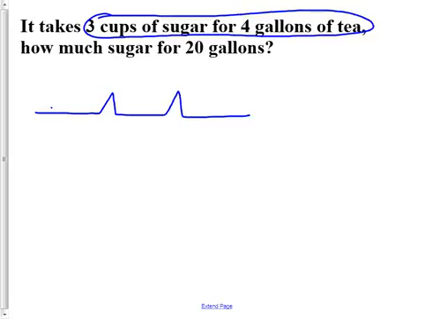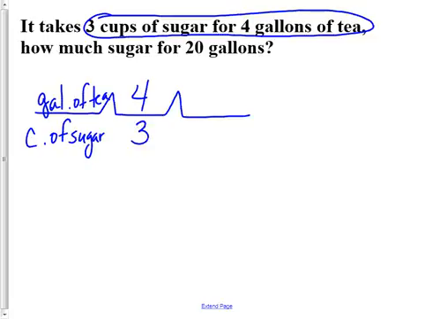That's fine. So the number of gallons of tea is 4 to the number of cups of sugar, which is going to be 3. So the ratio there is 4 to 3. 4 gallons of tea requires 3 cups of sugar. And the question part says, how much sugar for 20 gallons?